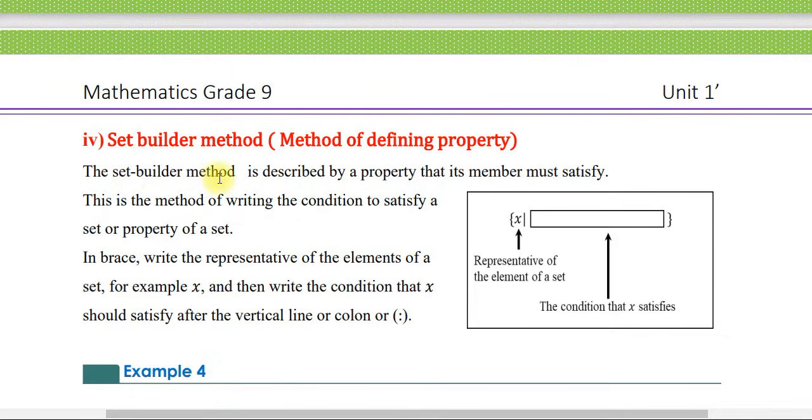The set builder method is described by a property that its members must satisfy. እንግዲህ ሴት ቢልደር ሜትድ ስንል ምን ማለታችን ነው? Described by the property that its member must satisfy፣ ሜምበሩ ሊያሟላው ወይም ሳቲስፋይ ሊያደርገው የሚችለውን ባህሪ ዲስክራይብ ማድረግ ሲችል። This is the method of writing the condition to satisfy a set or a property of a set.